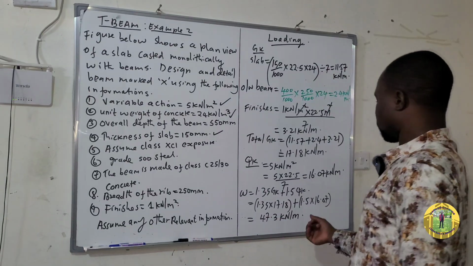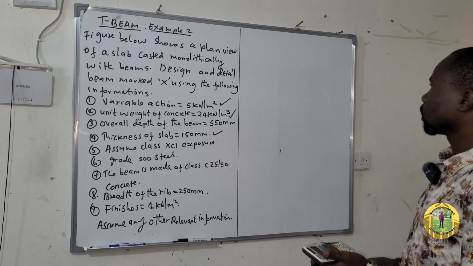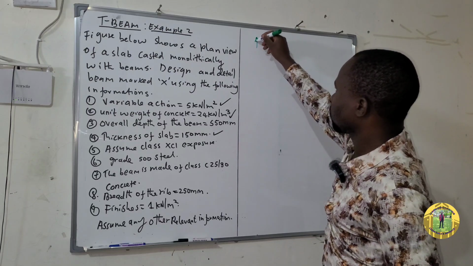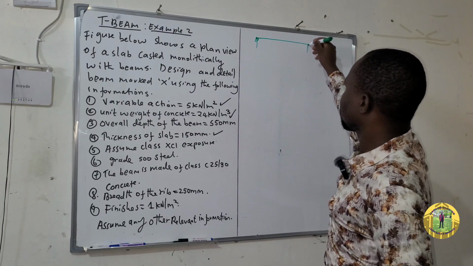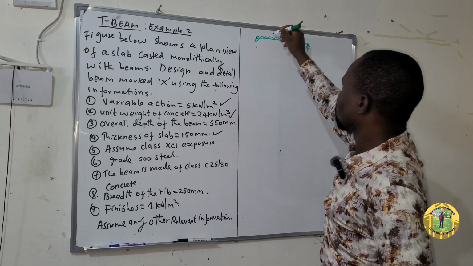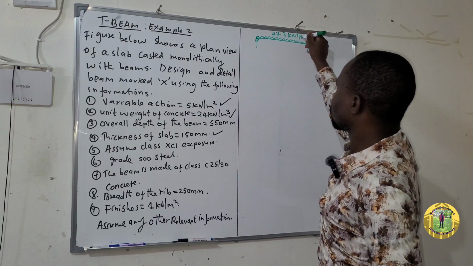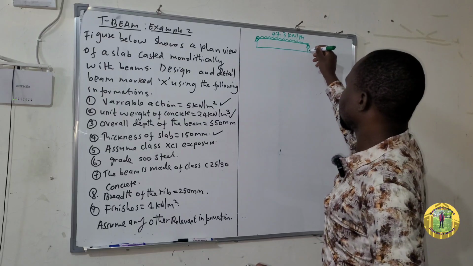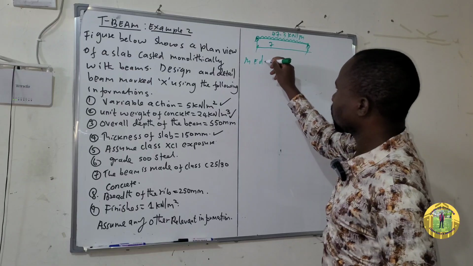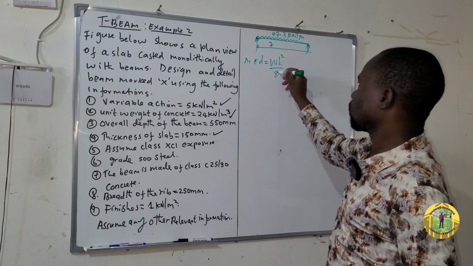Allow me to clean here, but write this somewhere, because we are going to use it. Design ultimate moment. So if this is our beam, and the loading is 47.3 kilonewton per meter, and then the span is 7 meters, then MED is equal to W L square all over 8.